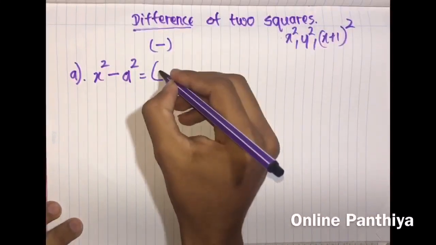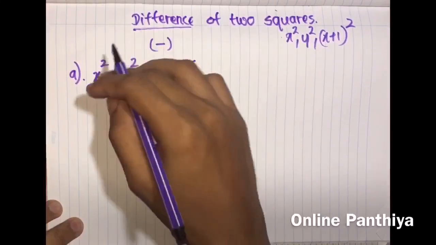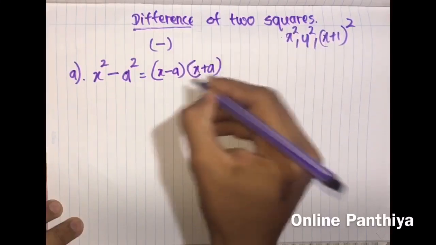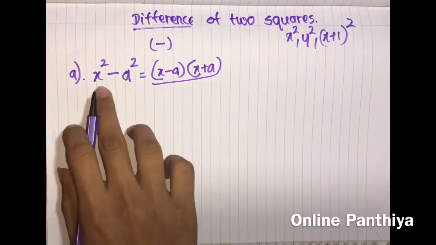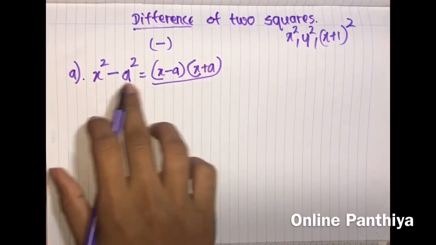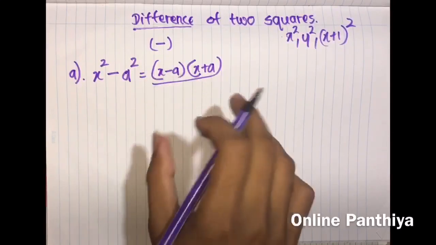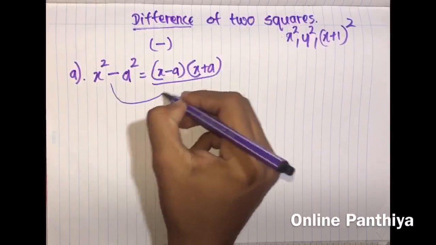You first use the bracket and write x minus a, into, take the plus part of it, x plus a. That's all. Understand? If they ask you to factorize these types of terms, the only thing you have to do is write it in this format.